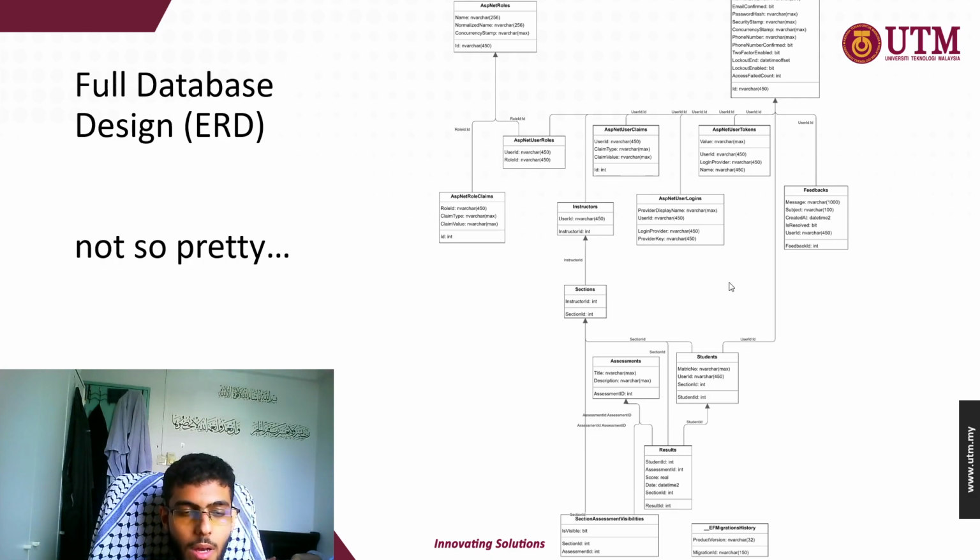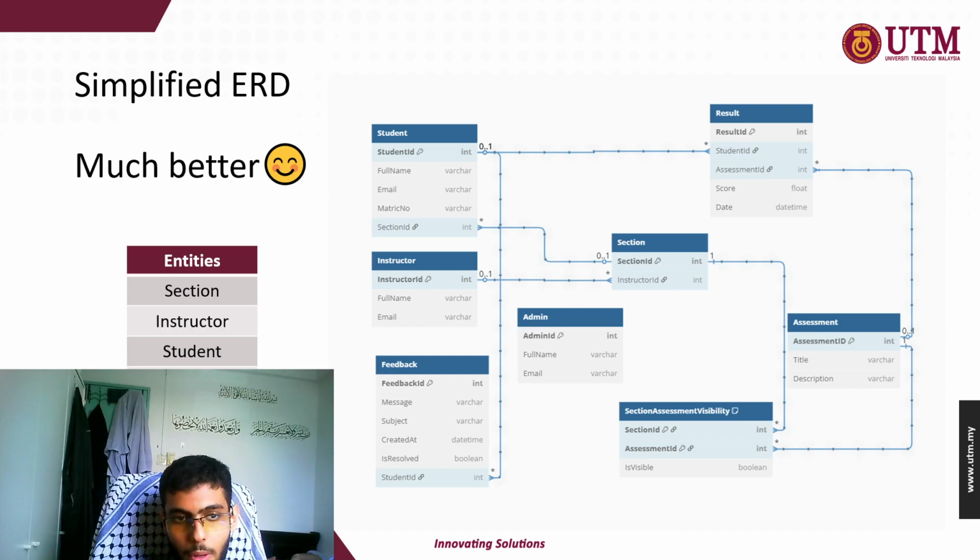Most of these tables are pre-implemented, and so I will not bother discussing them, because then I would be discussing the framework itself, not my project. So I made a simple one that discusses the tables that I implemented, and some tables that do not actually exist in the database because they are organized by Identity itself.